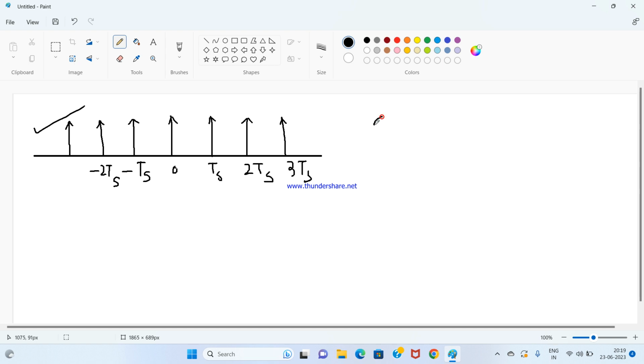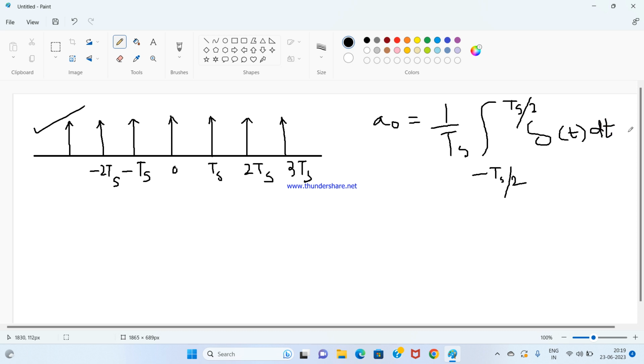So A0 is 1 by Ts, integral from minus Ts by 2 to Ts by 2 of delta t dt.